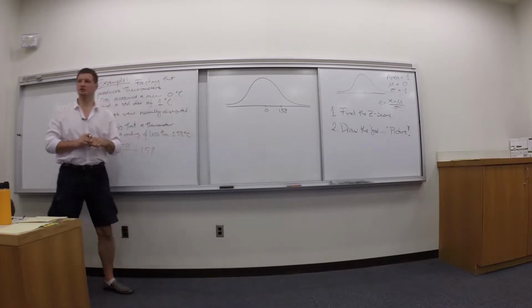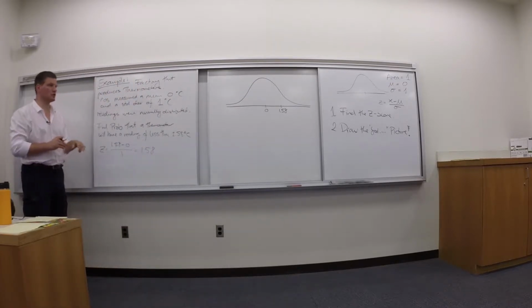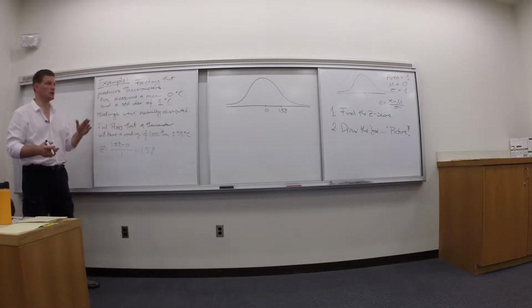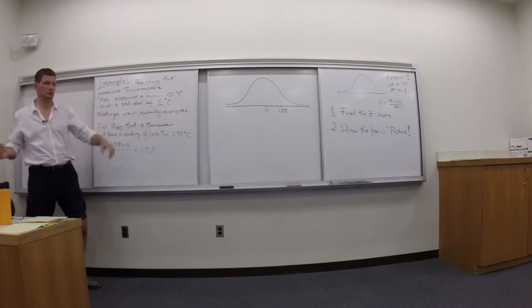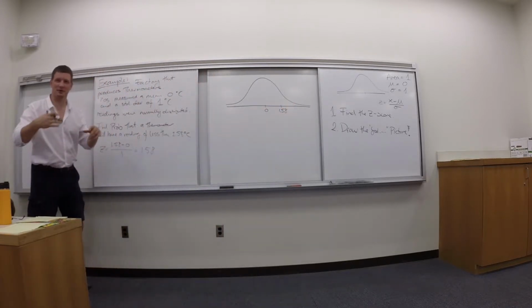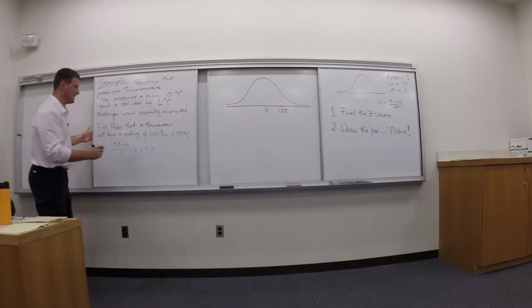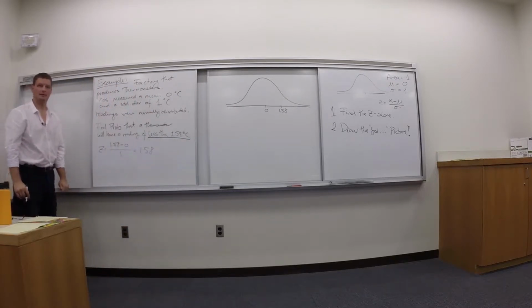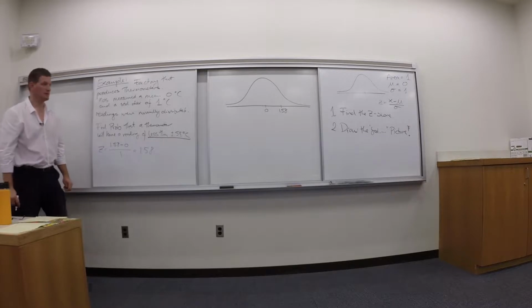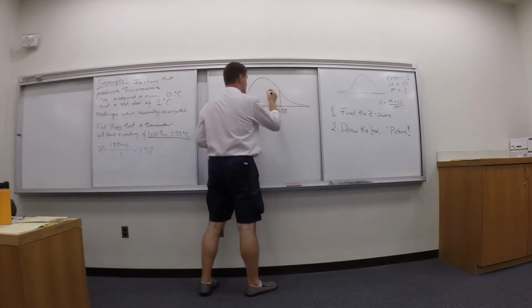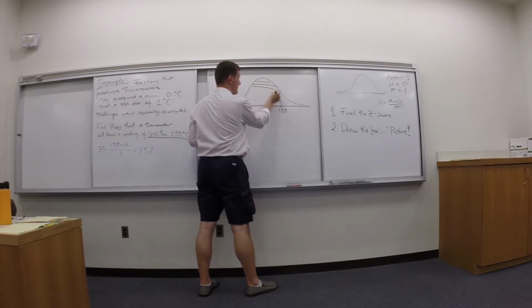And which area are we interested in? Again, we are talking about probabilities, which means we are talking about area. Which area are you interested in, to the left or to the right? Oh, to the left. Well, my right, your right, right? Yeah, that's right. We're interested in less than. So everything underneath that.